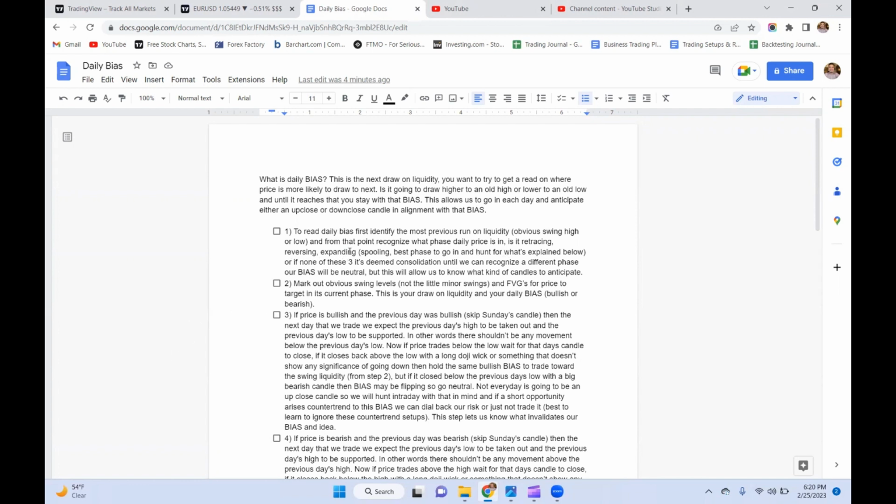But if none of these three, no retracing, reversing, or expanding, it's deemed consolidation. And until we can recognize a different phase, our bias will be neutral. But this allows us to know what kind of candles to anticipate.